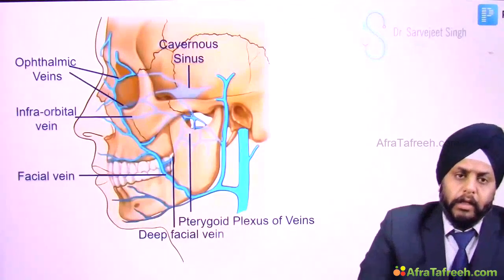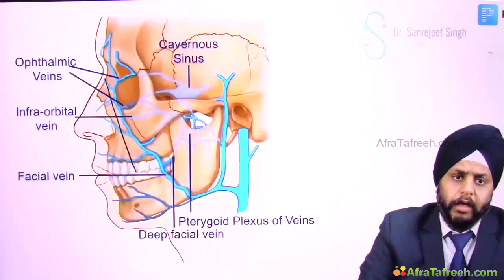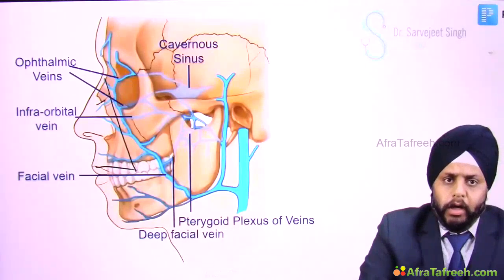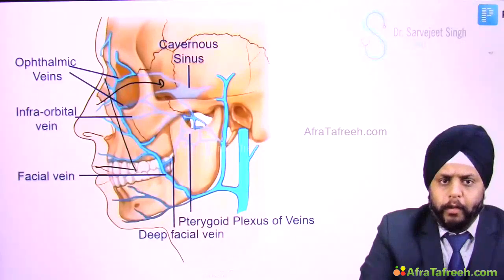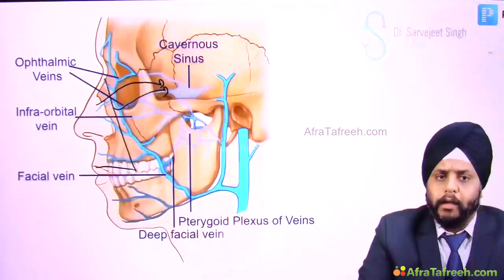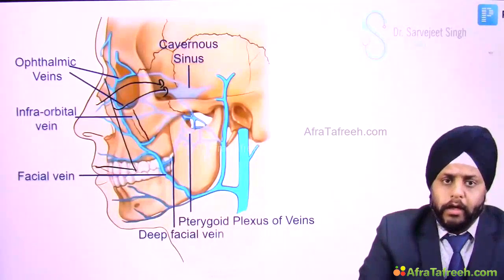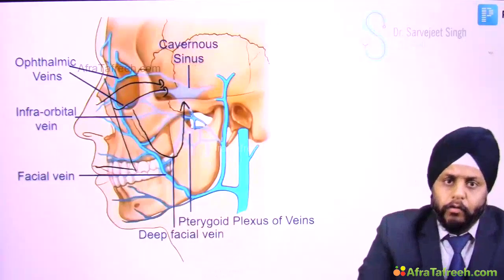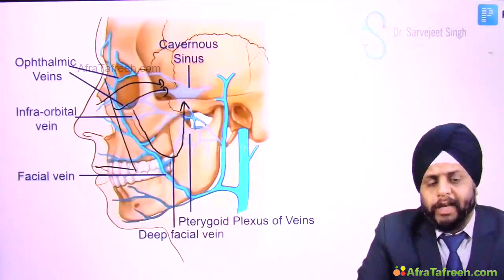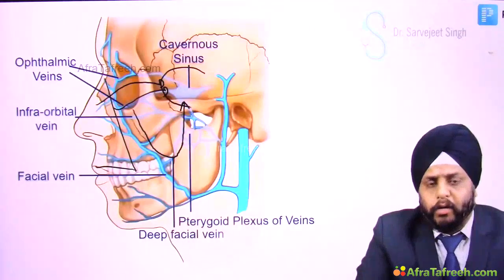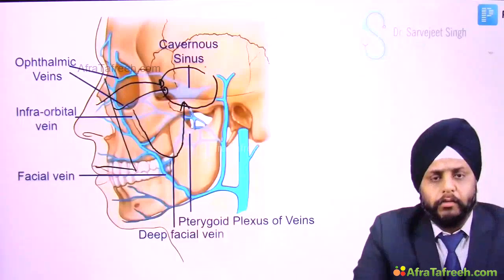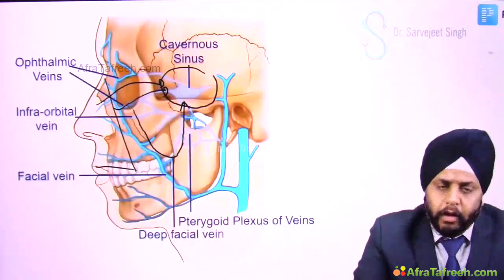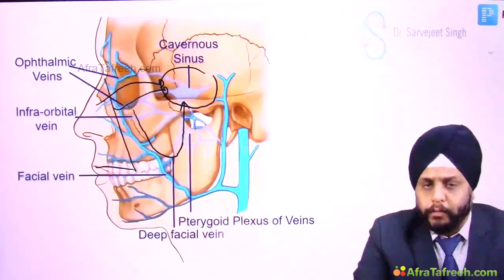So the infection from this danger area of the face can go directly through these ophthalmic veins into the cavernous sinus, and it can also go in a retrograde manner through the deep facial vein and the pterygoid plexus to reach the cavernous sinus. So the cavernous sinus can be infected in multiple ways. From the face to the cavernous sinus, the infection can go and we can have cavernous sinus thrombosis.